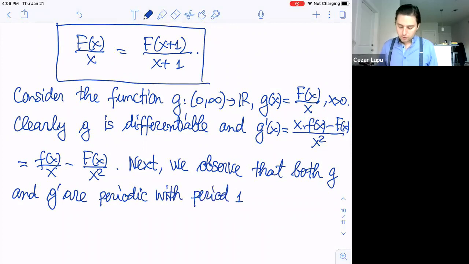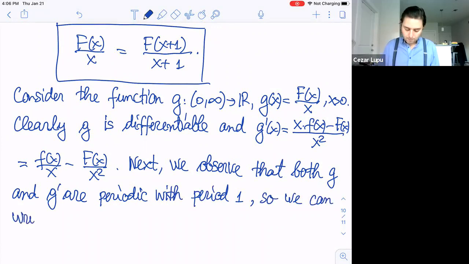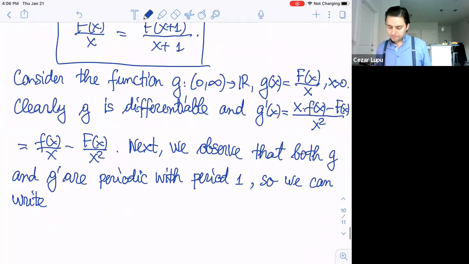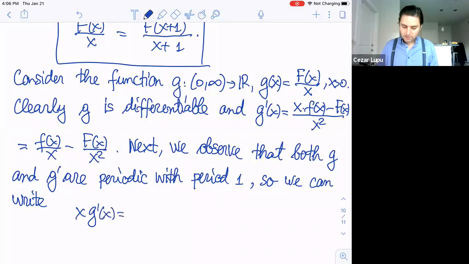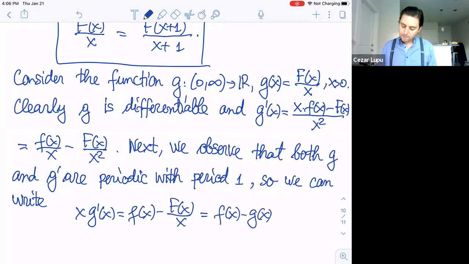Okay, so we can write that x times g prime of x is f of x minus capital F of x over x, and this is nothing other than just f of x minus g of x.